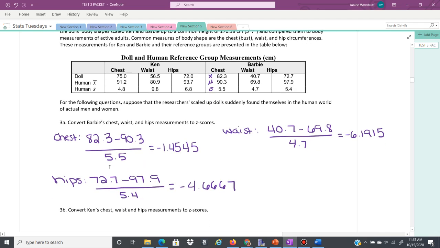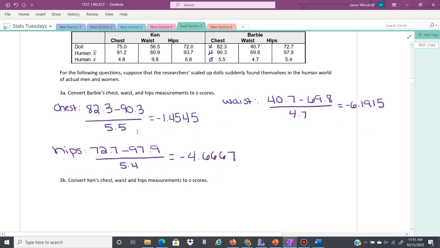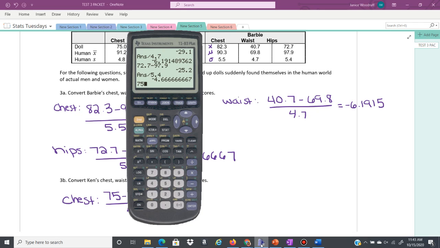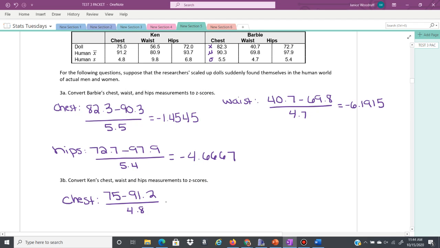Second one is Ken. Okay, so you're going to do the same thing with Ken. You can see up here. So Ken, we would go chest first. So that would give us a 75 minus 91.2 over 4.8. So I'm going from Ken's up here. So that's going to give us negative 3.375.